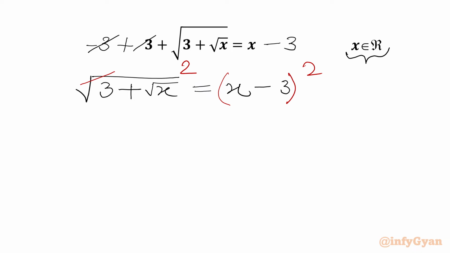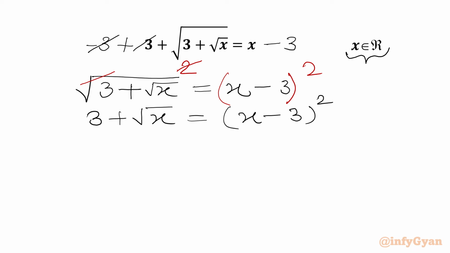Now square root and square will be cancelled out and we will write our equation 3 plus root x equal to x minus 3 whole square. Or I can write x minus 3 whole square equal to 3 plus square root x.